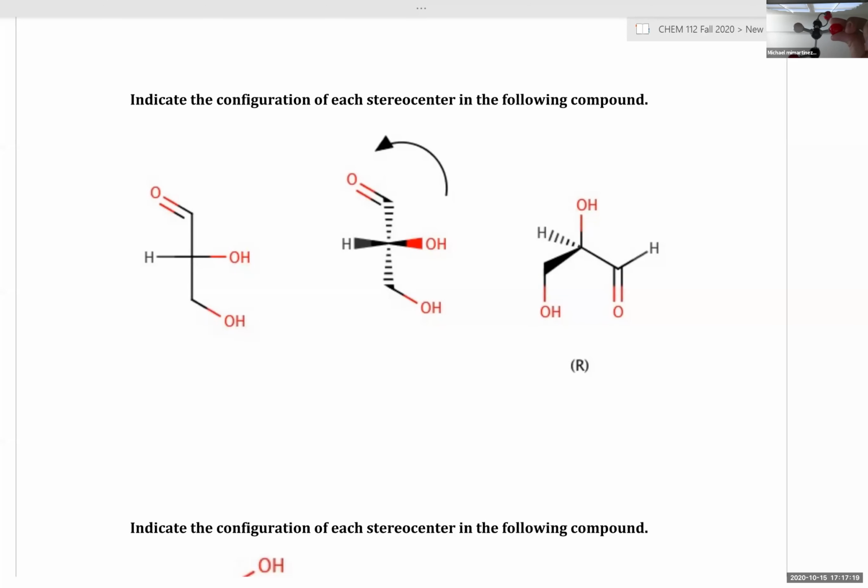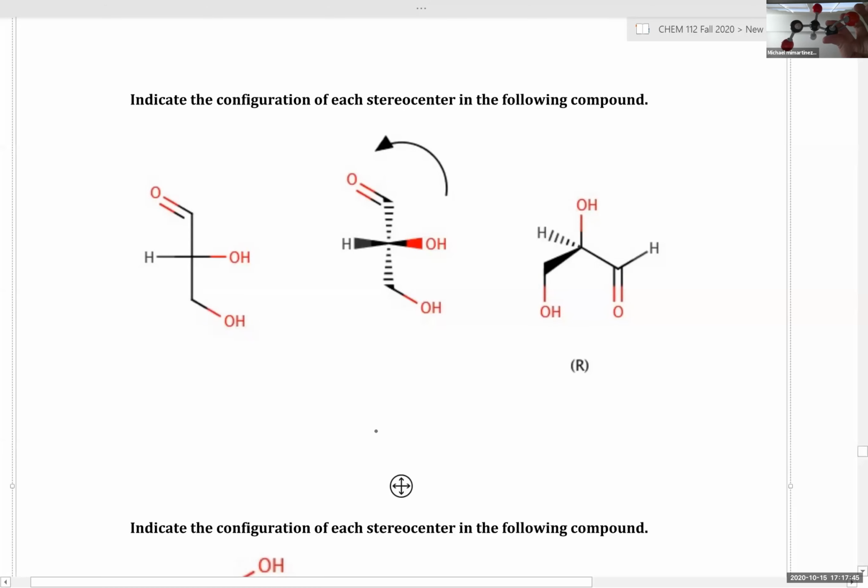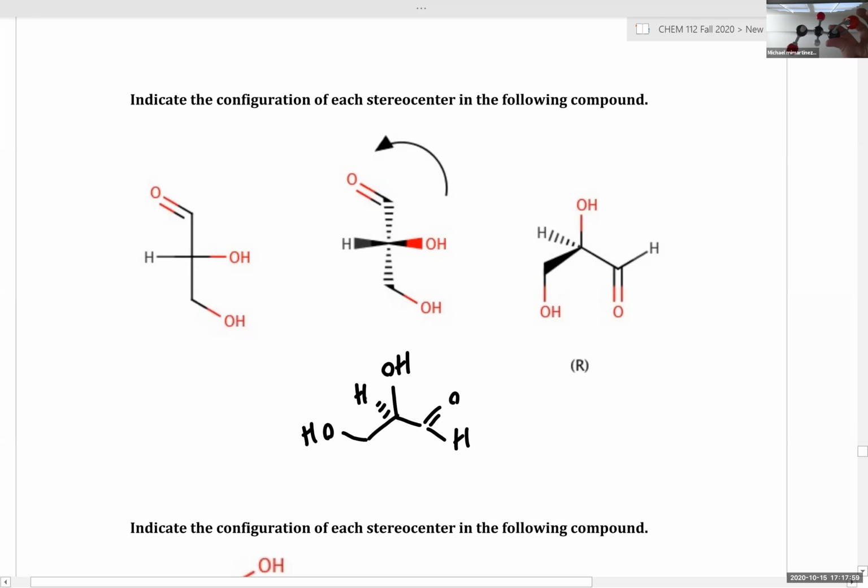So what we're going to do now, just like always, is we're going to rotate our molecule so the hydrogen is in the back. Okay, now that we've rotated our molecule so the hydrogen is in the back, we're just going to draw what we see. So in this case, we're going to draw our alcohol pointing up, our aldehyde on the right, and our methylene group with our alcohol on the left.